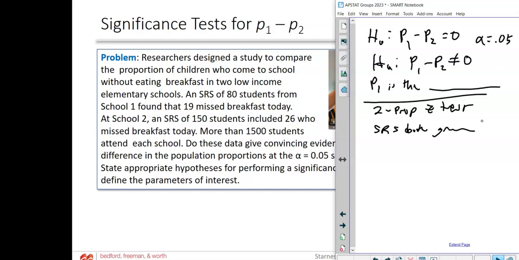Okay, so large counts. Well, let's do less than 10% first. The first one was 80 students. So 80 is less than 10% of the students at school 1. And 150 is less than 10% of the students at school 2.